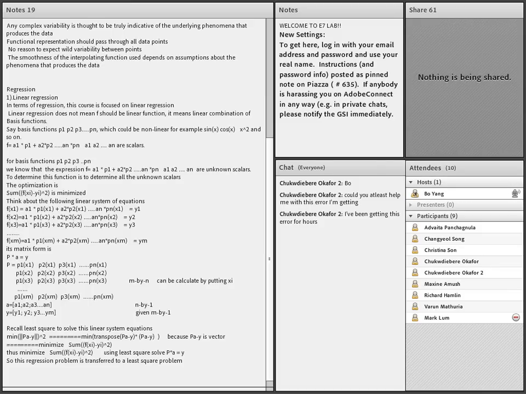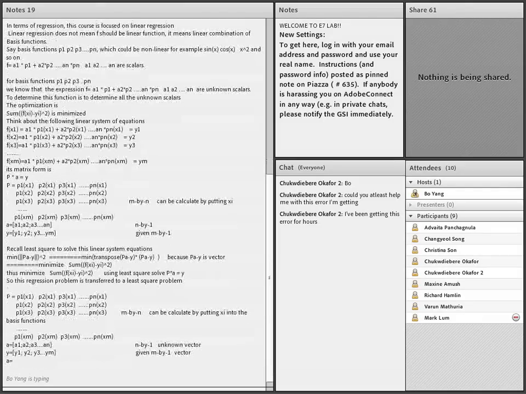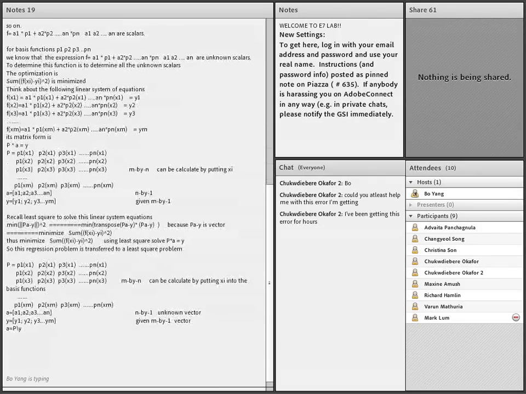Then we should get this y vector. So this unknown coefficient vector could be solved just by using the backslash in MATLAB. Say a equals P backslash y. You can see that the P array is just putting x1, x2, x3 to xm into the basis functions.